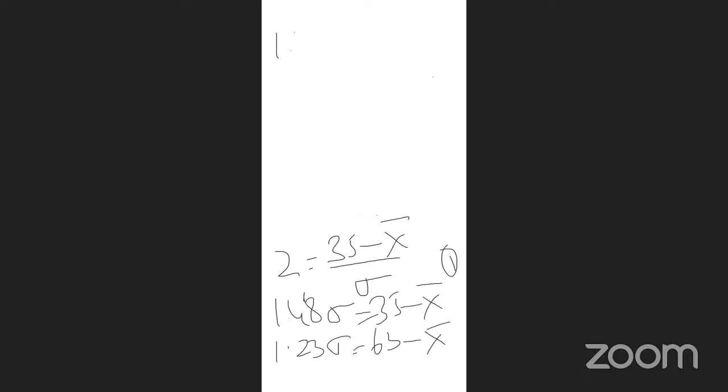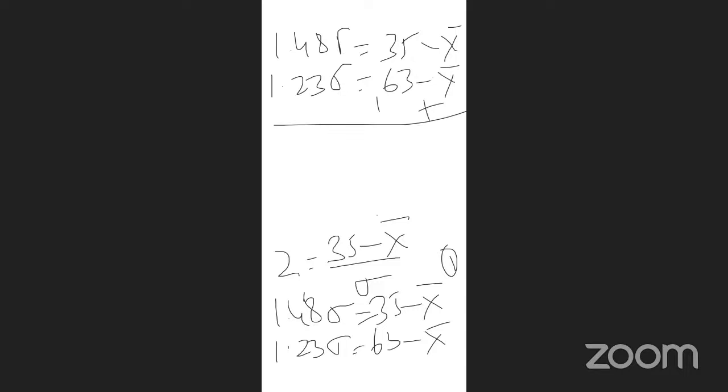So now 1.48 standard deviation is equal to 35 minus X bar, and 1.23 standard deviation is equal to 63 minus X bar. Now we will deduct one equation from the other so that we can get the values. So here X bar and X bar get cancelled. 35 minus 63 is minus 28.